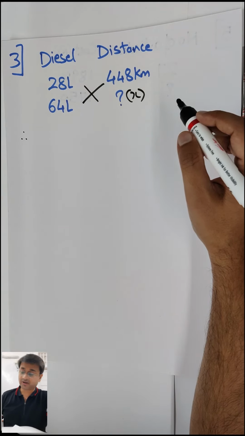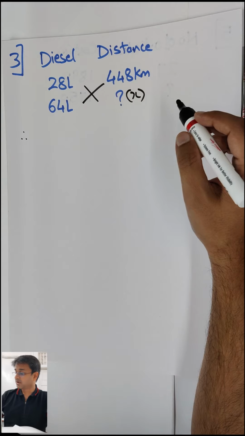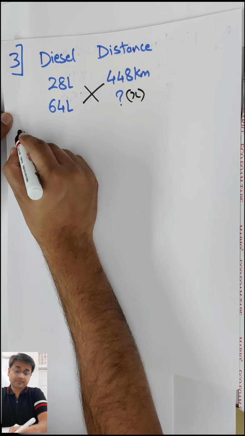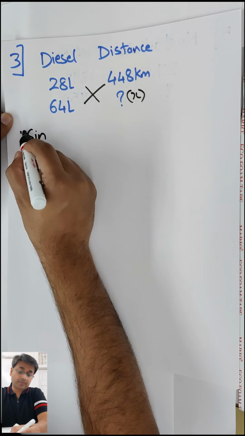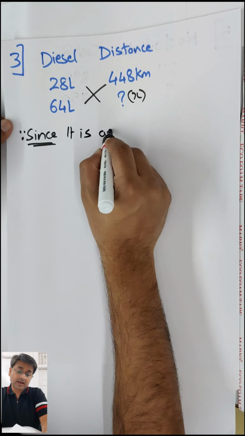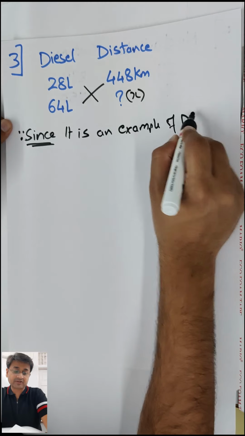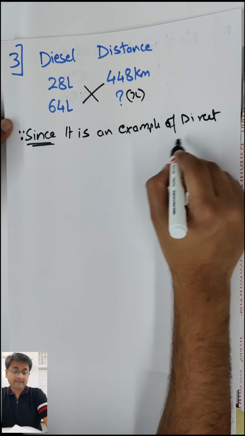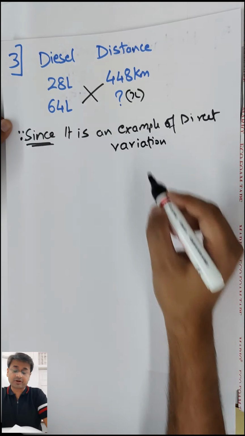You just cross multiply. So come on, try it on your own and let me see if any one of you can get the answer correct. Since it is an example of direct variation, you don't have to prove why direct, you just have to say direct because you've already found it.